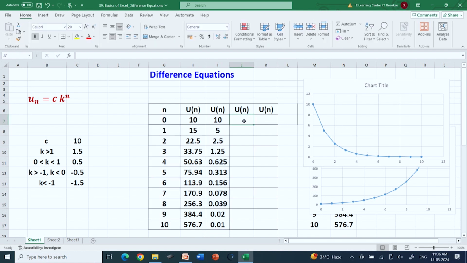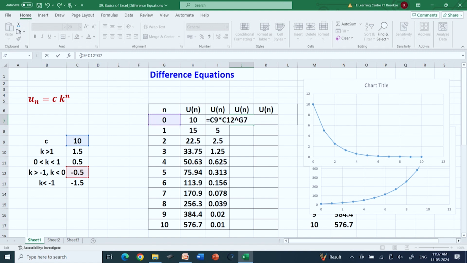Now, let us draw this one. The value of k is minus 0.5 here. So this is equal to again c multiplied by k to the power n, which is 0 here.